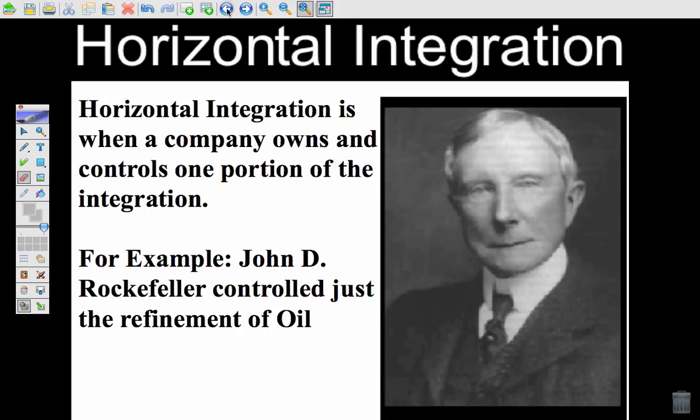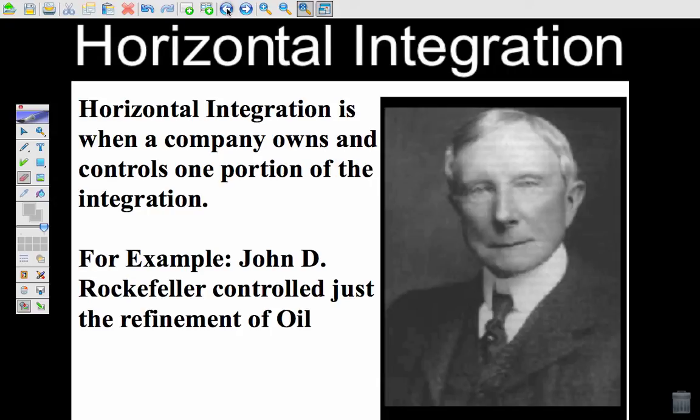Horizontal integration. Who's good to know for horizontal integration? John D. Rockefeller. He controlled just the refinement of oil. Horizontal integration is when a company owns and controls one portion of the integration. They buy out those competing firms to create one overarching massive company.